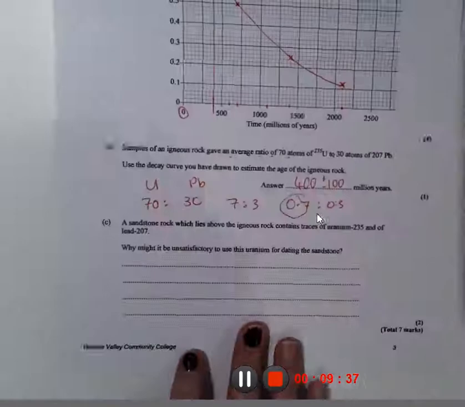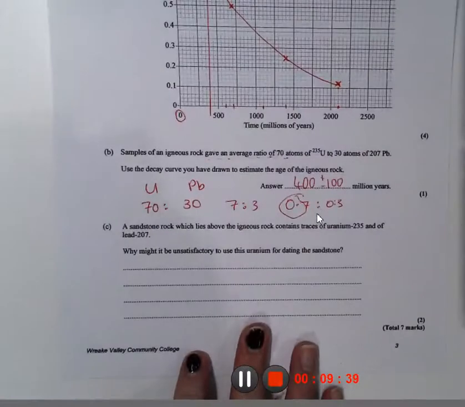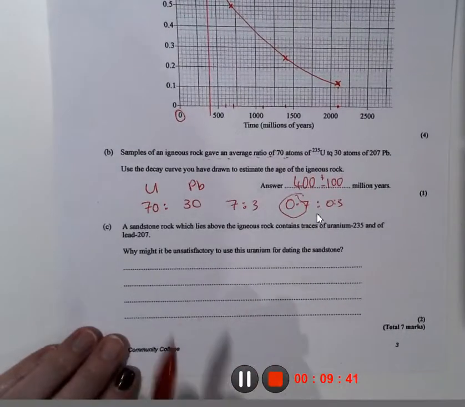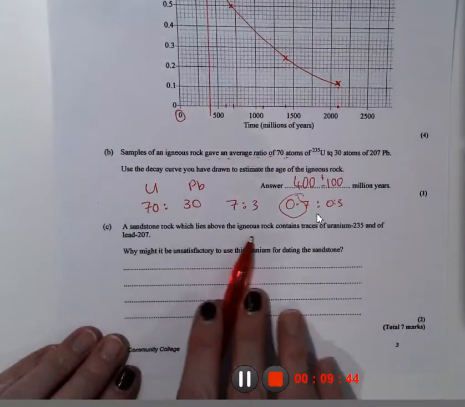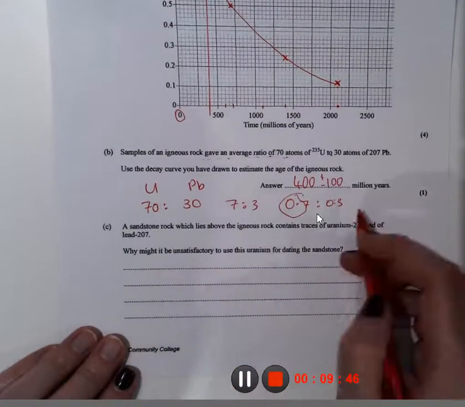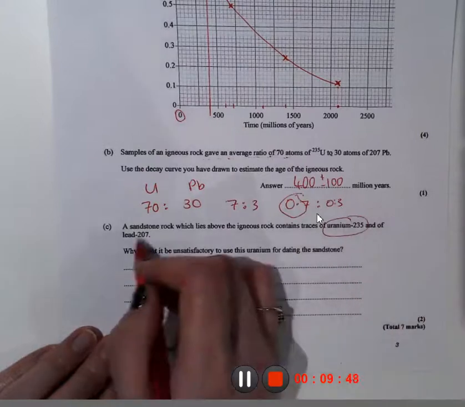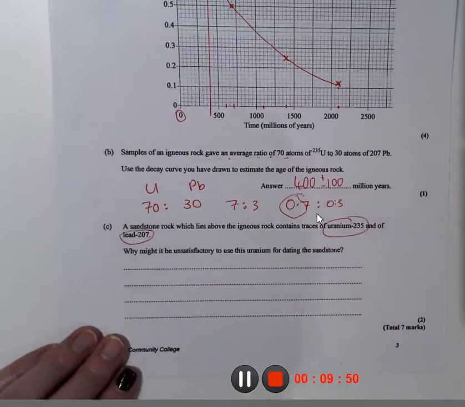Just the last point, you don't really need to know this, but we'll just quickly go through the answers, not in your specification. A sandstone rock which lies above igneous rock contains traces of uranium-235 and of lead-207. Why might it be unsatisfactory to use this uranium for dating the sandstone?